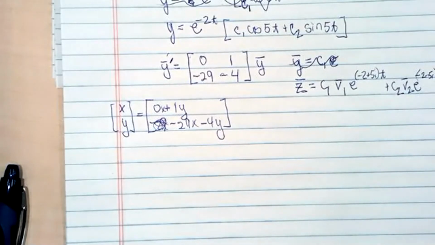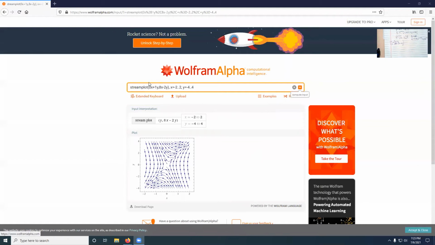So 0x plus 1y is just y, and minus 29x minus 4y. And at this point, I'm going to switch over to the website. Okay, so the first row basically doesn't change on these.